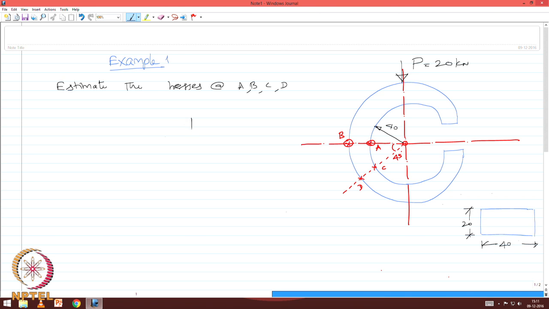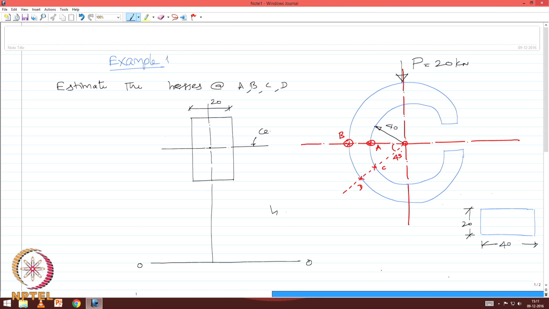So, let us say this is my cross section, this is my plane OO, this dimension is 20, this is my centroidal axis, which is at the radius r.